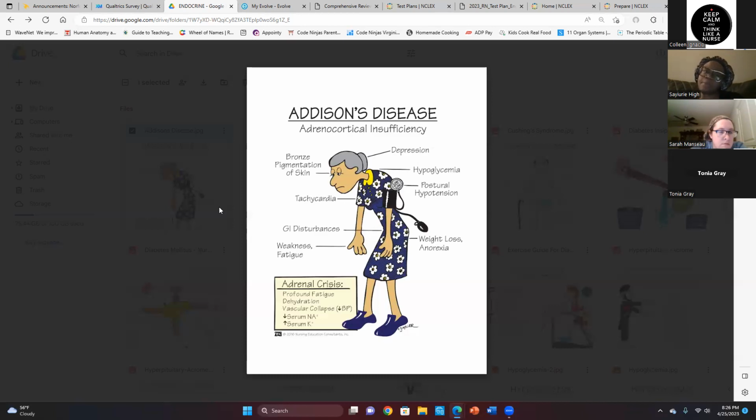Now, when we think about a patient that has adrenocortical insufficiency, I'm showing my screen, you should see the Addison's lady, right? And so always think in terms of clinical cues. How is the patient going to present? Because NCLEX is going to want to know, do you recognize that this patient is presenting with this particular condition? So if you have a patient that comes in, she's thin, she has weight loss, anorexia, she has this bronze pigmentation, tachycardia, weakness, fatigue, hypotension and increased heart rate, right?